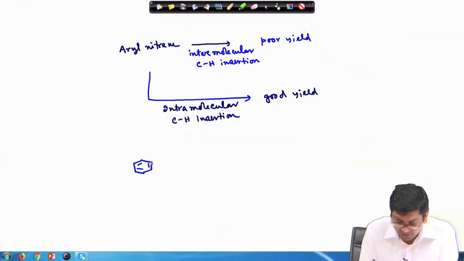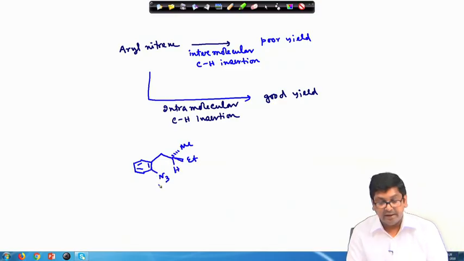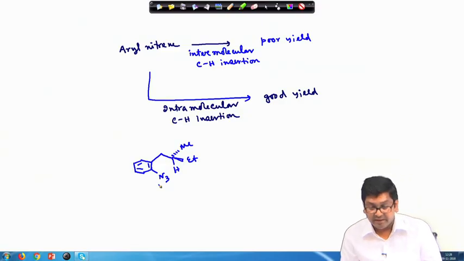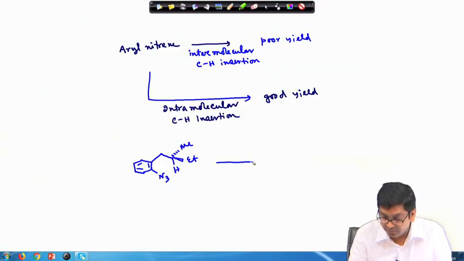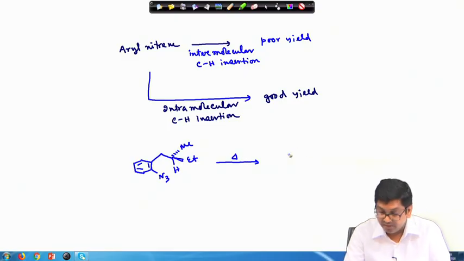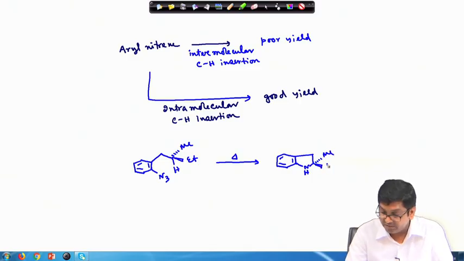So, as per example, if we take this substrate where we have some stereogenic center and we have aryl azide as an aryl nitrene precursor. Now, if we heat it, it will give the desired product with retention of configuration.